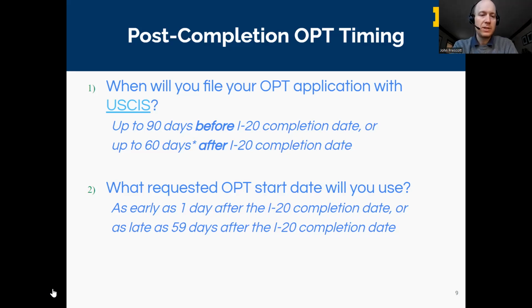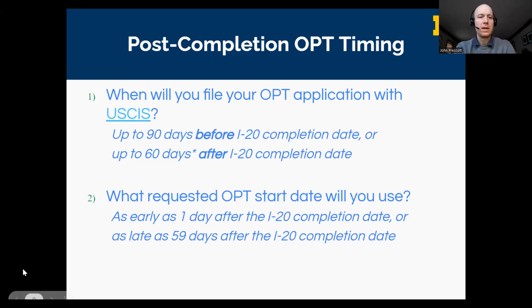So the other strategy question beyond when are you going to apply is what dates am I going to ask for? So you can request your OPT to start as early as 1 day after your I-20 completion or as late as 59 days. So I'm going to use the chat again to give a specific example.